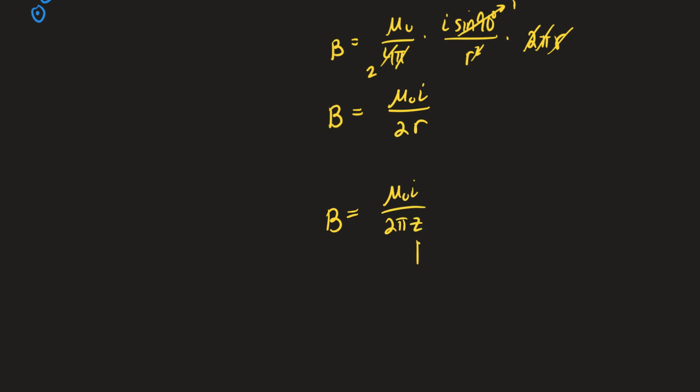Where z represents our distance away from the wire and r represents our distance to the center of the circuit. Do you see something here? They differ by only one thing, right? Pi. The one that is a circle doesn't have pi, and the one that is not a circle does. Do we see that? Yes, commit these to memory.